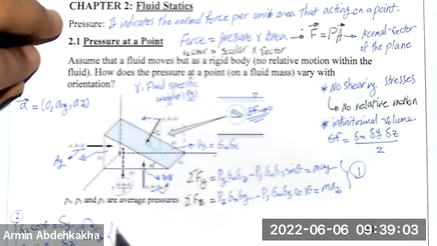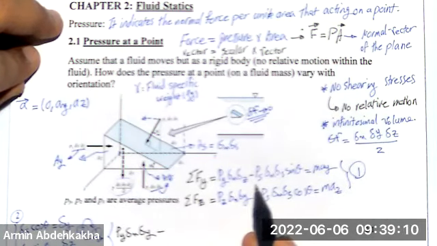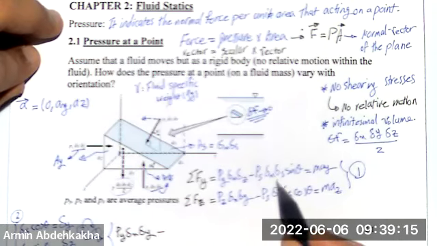First, Py delta x delta z minus, instead of Ps, we have to keep it, but we can rewrite delta s sine of theta as delta z.